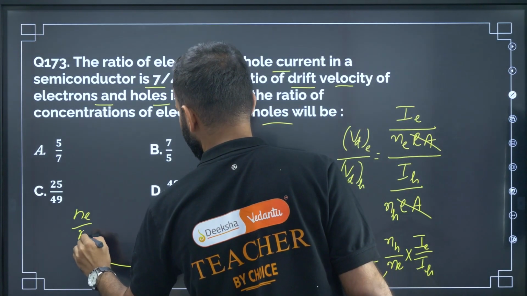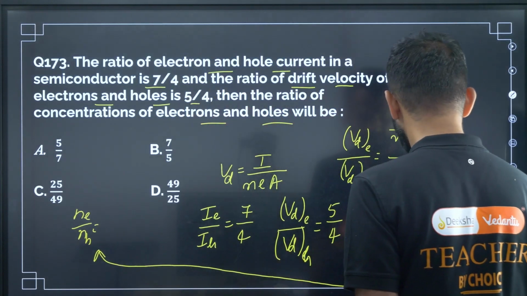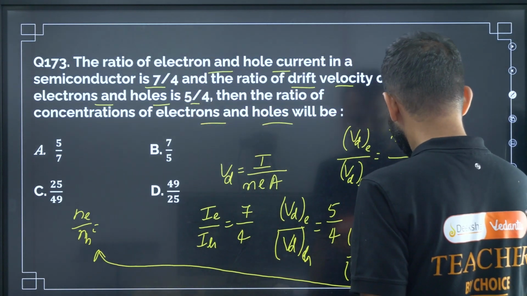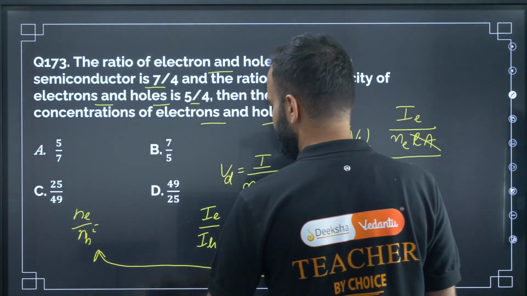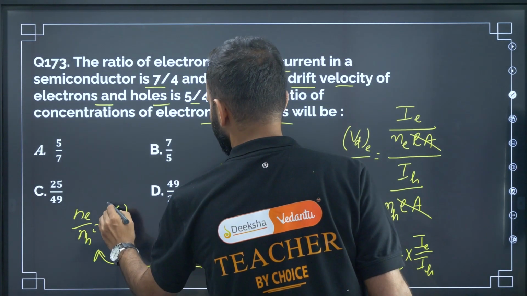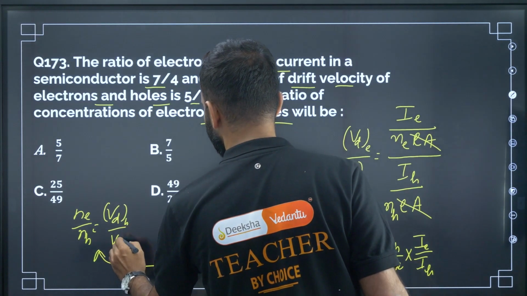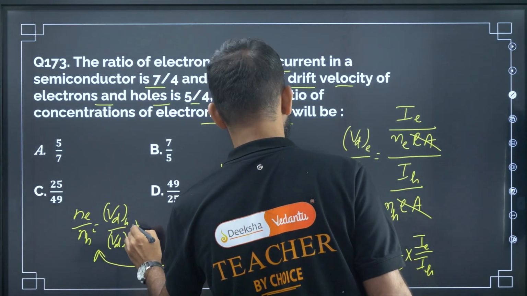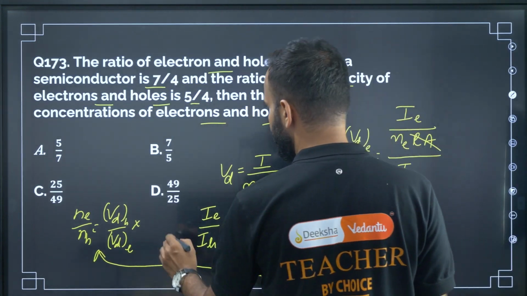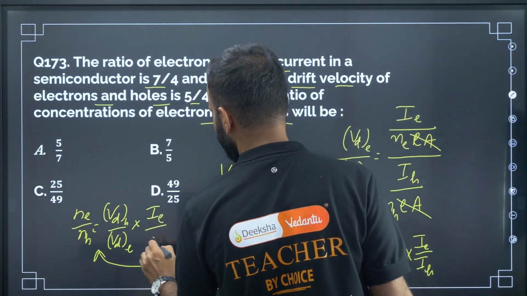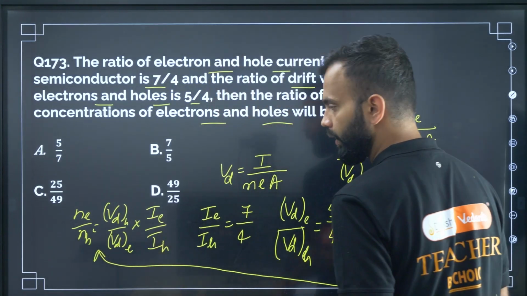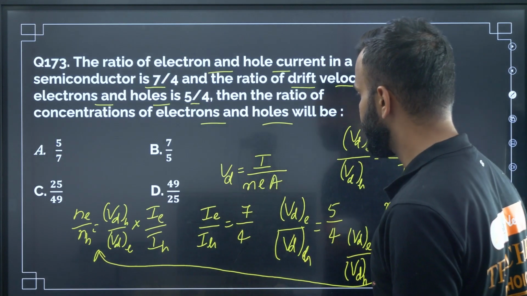NE by NH is equal to VDH divided by VDE into IE divided by IH.